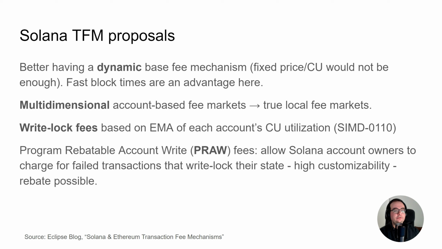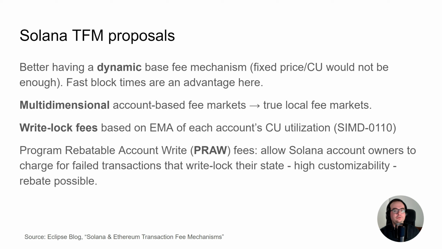Then another family of proposals relates to multidimensional account-based fee markets. So to achieve true local fee markets, it's not enough what we discussed before, that there are different execution threads and basically one account can lock at most one of these execution threads, 12 millions out of 48 millions, you can see it that way.